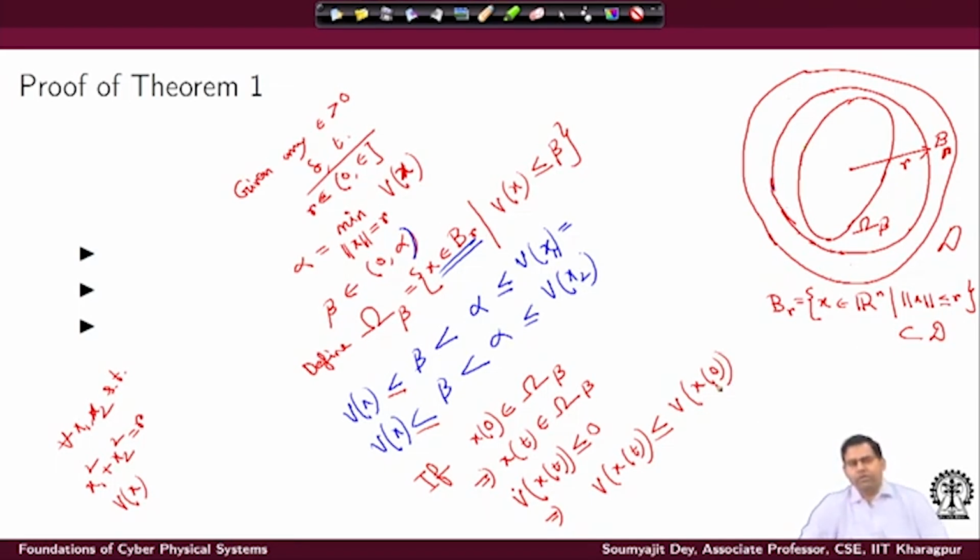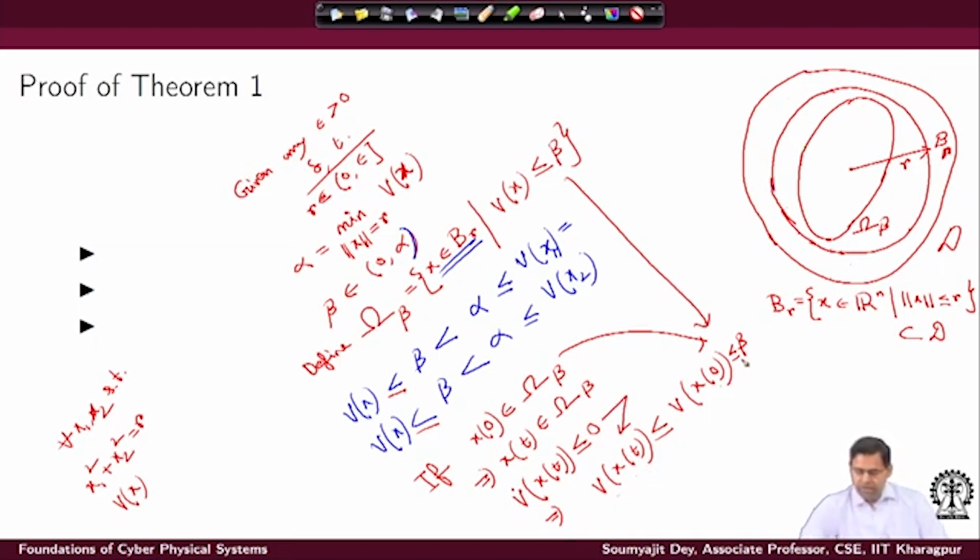So the value of V must only decrease, and we have assumed by construction that x 0 is inside omega beta. Now, this definition says that if x 0 is inside omega beta, then V x 0 is less than or equal to beta. By the definition of the Lyapunov function, we have V x t less than V x 0. So we have V x t is less than beta.